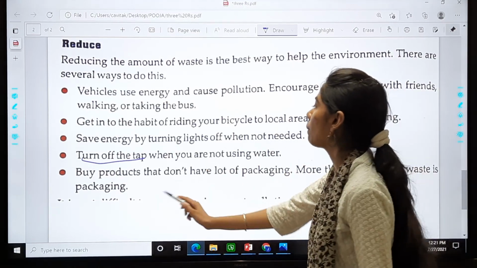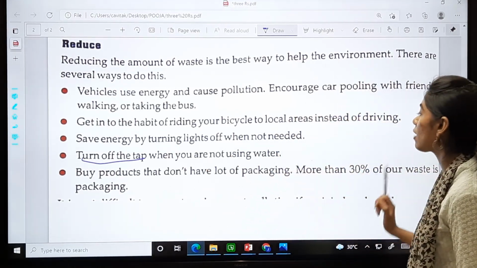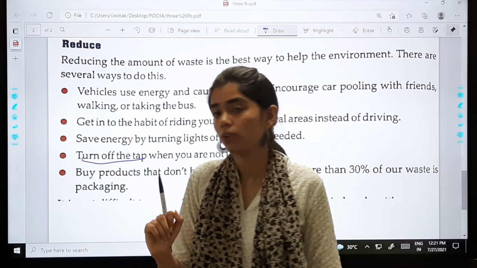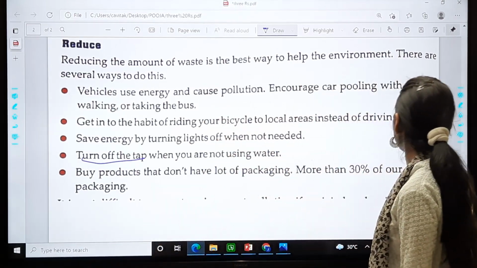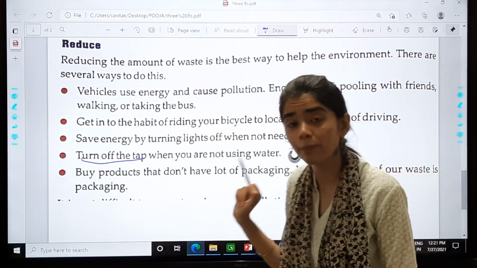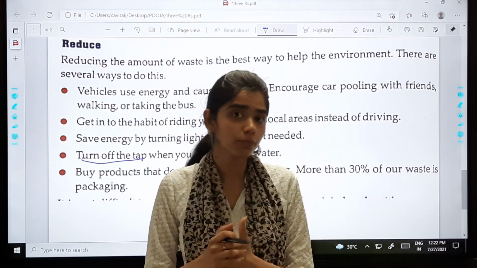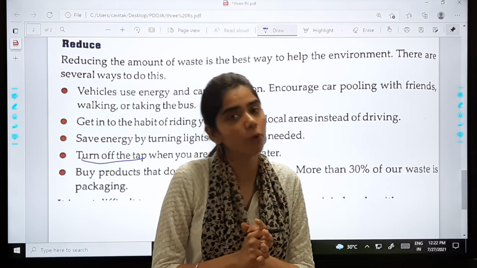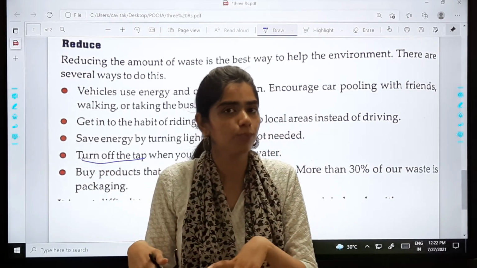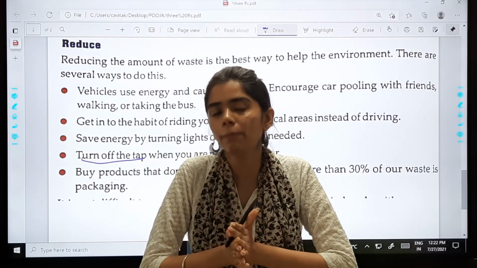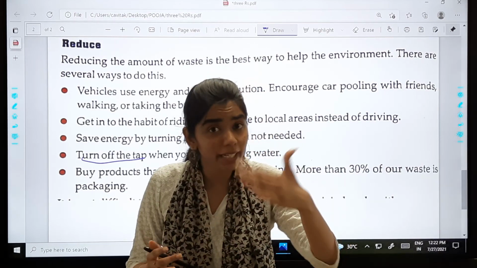And last, buy products that don't have a lot of packaging. Okay, and more than 30% of our waste is packaging. Now see, we order online also, right? Many of us have the habit of ordering products online. So what they do is they pack it properly, but in many layers.